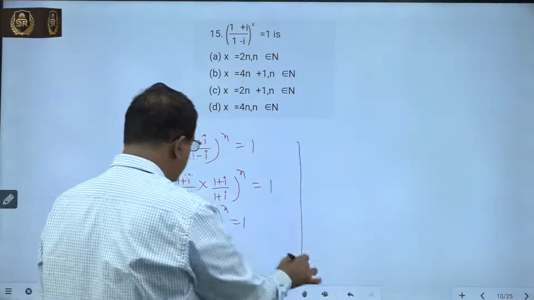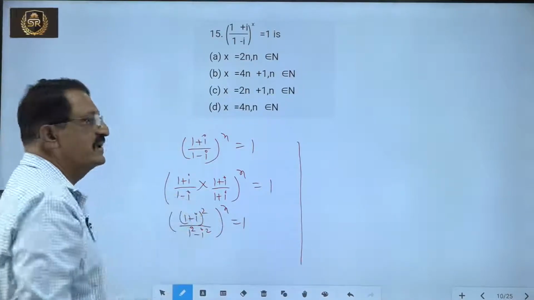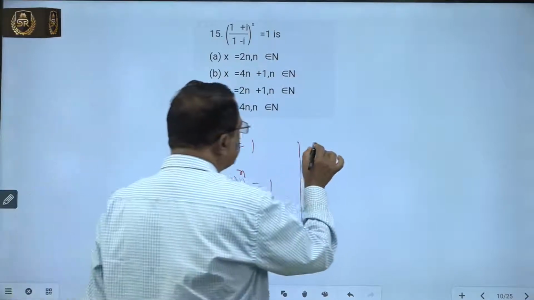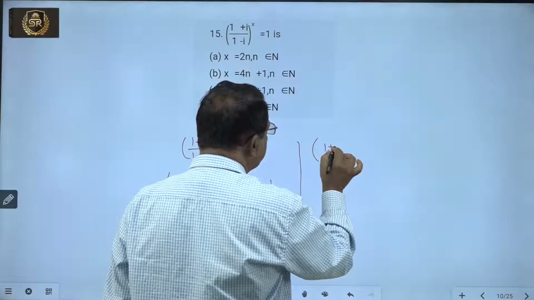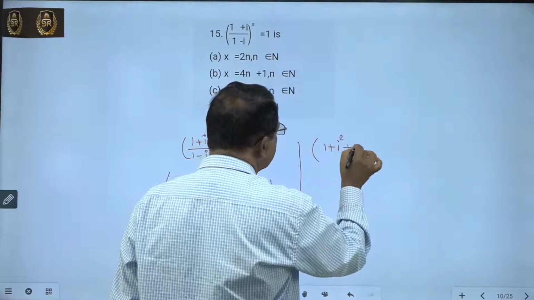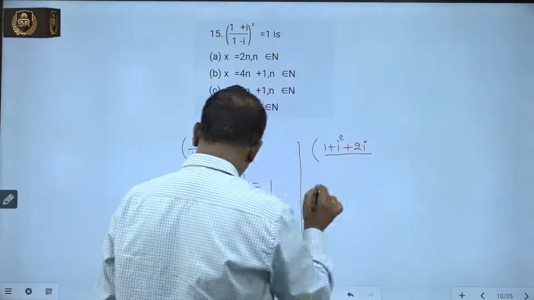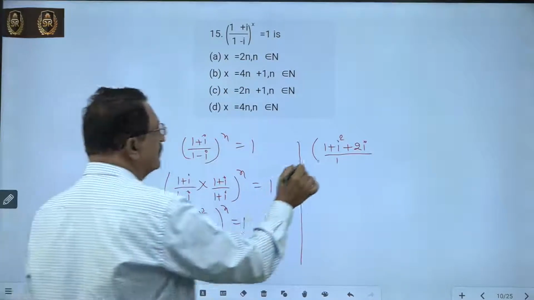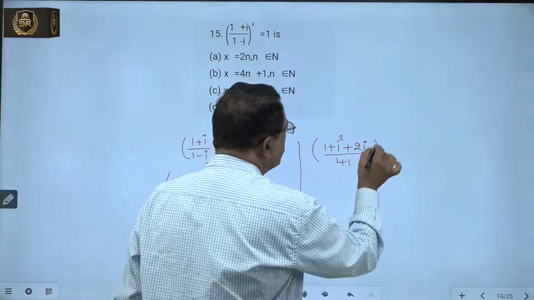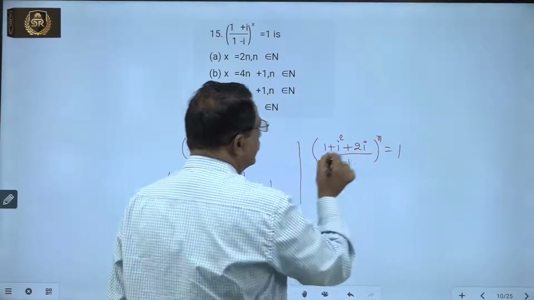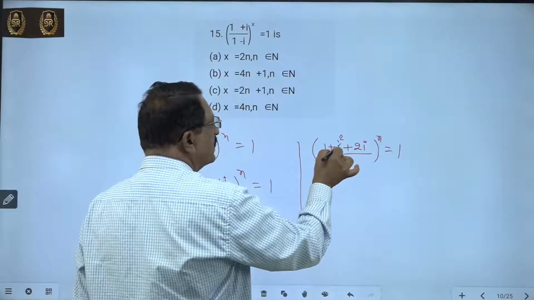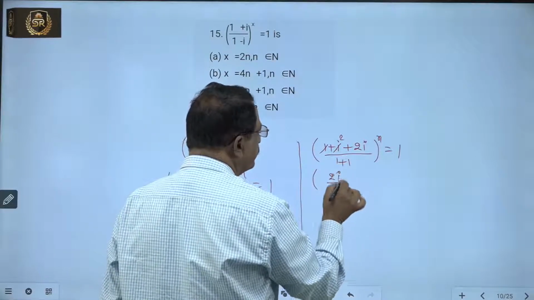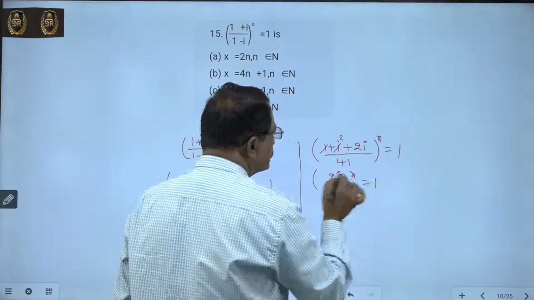Now that equals 1 plus i whole square, a plus b whole square expanded, we get 1 plus i square plus 2i by denominator 1 square, 1, i square equals minus 1, minus of minus plus 1, whole to the power of x equals 1. Here i square equals minus 1, minus 1 plus 1 cancel, that equals 2i by 2, whole to the power of x equals 1.